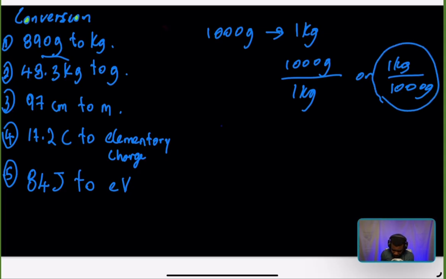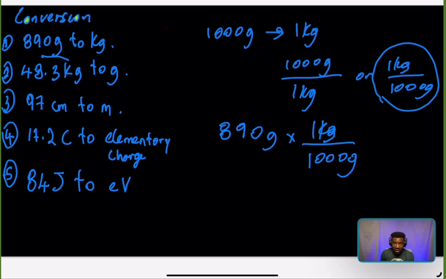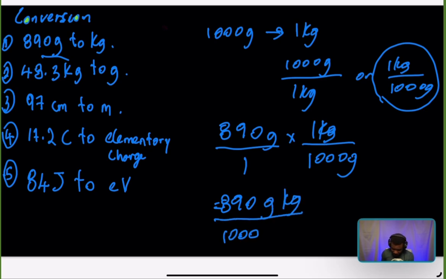So therefore, what I'm going to have now is 890 grams multiplied by 1 kilogram over 1,000 grams. Okay? Now, any number by itself will have a denominator of 1. So what we're going to have now is 890 kilograms divided by 1,000.